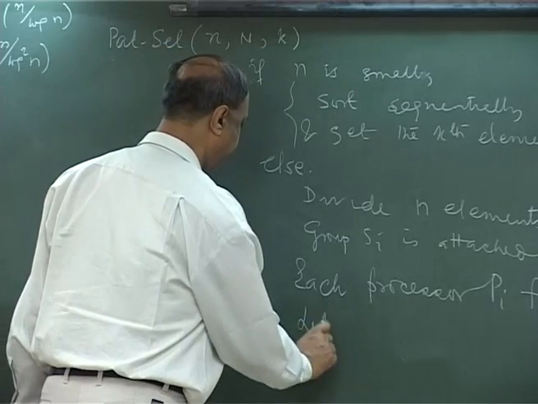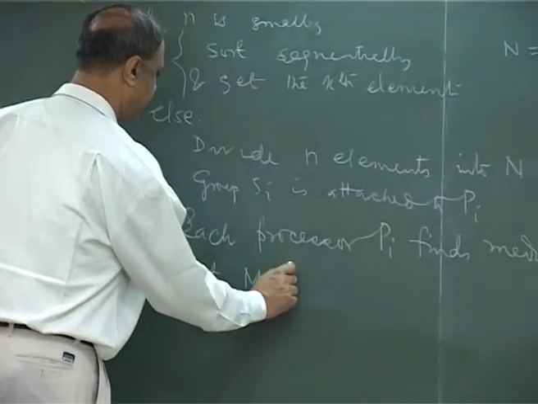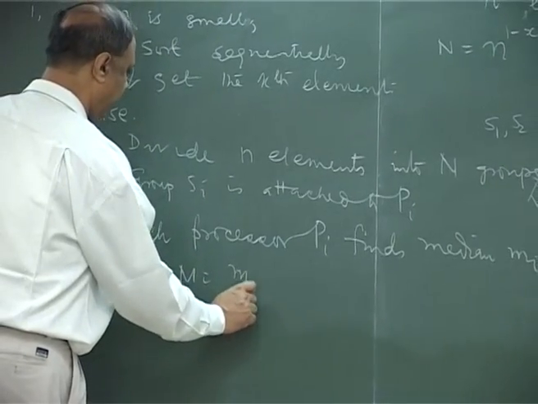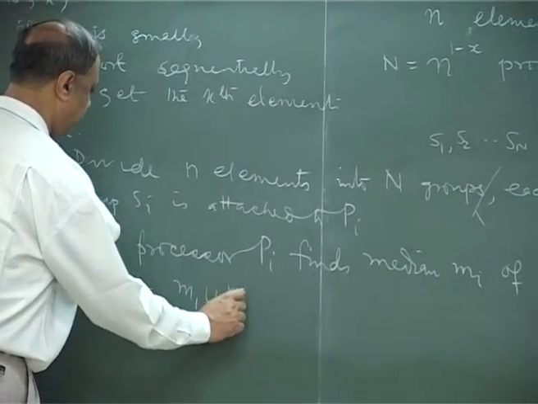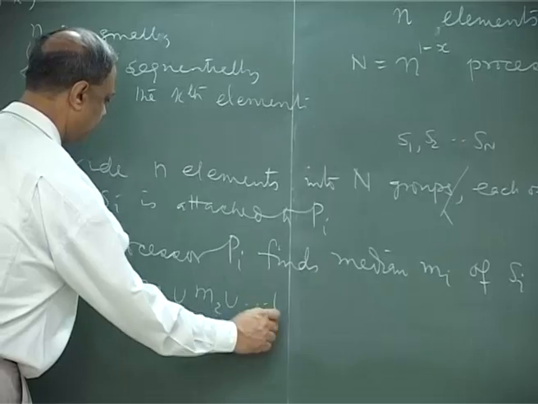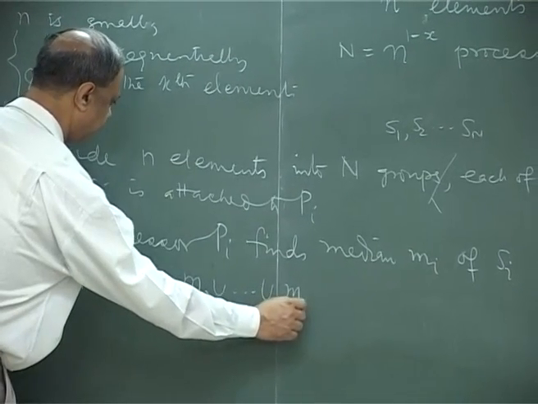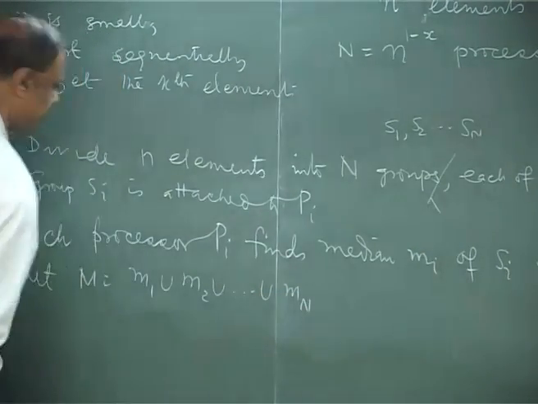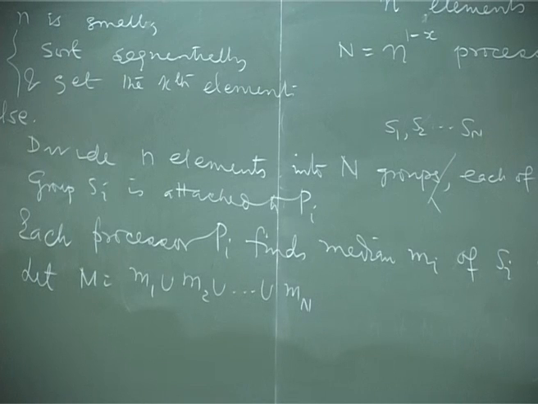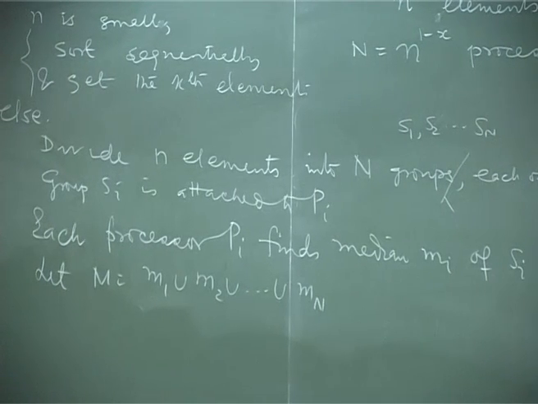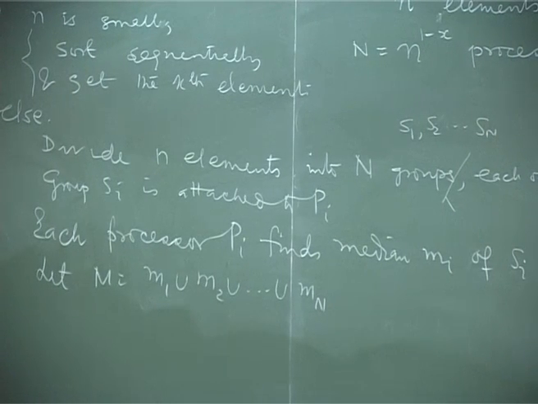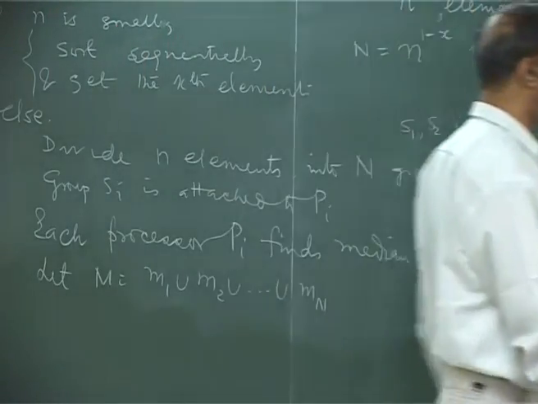Let M be M1 union M2 up to MN. Now you have got the median of each sequence.